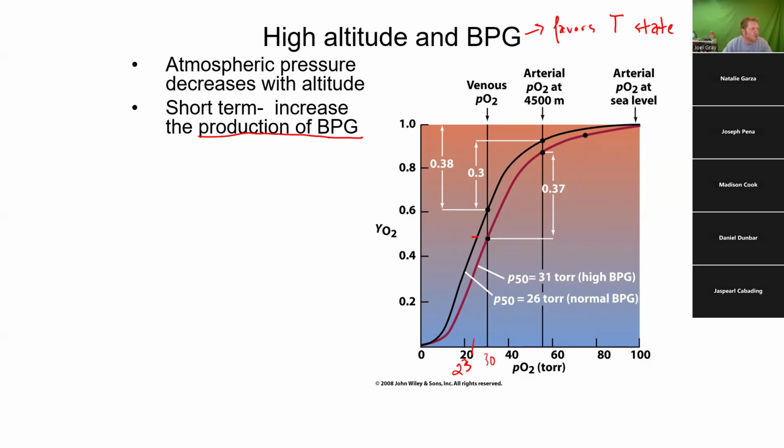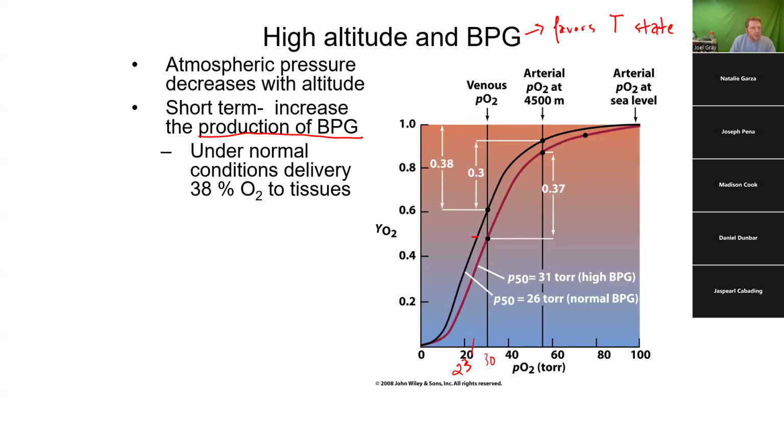And here's what's kind of tricky. What I want you to notice about this black line is this shows essentially under normal conditions, about 38% of the oxygen that is picked up by hemoglobin will be delivered to the tissues. I always think about it in terms of individual hemoglobin molecules.